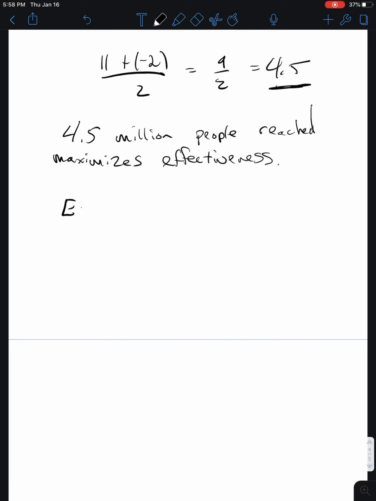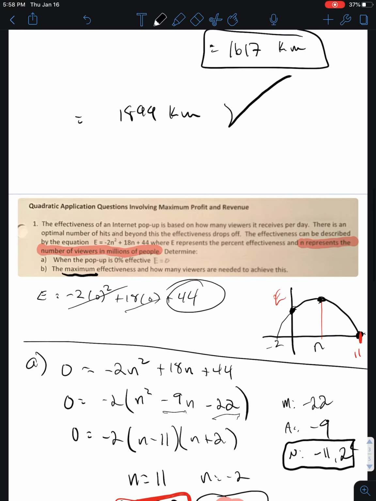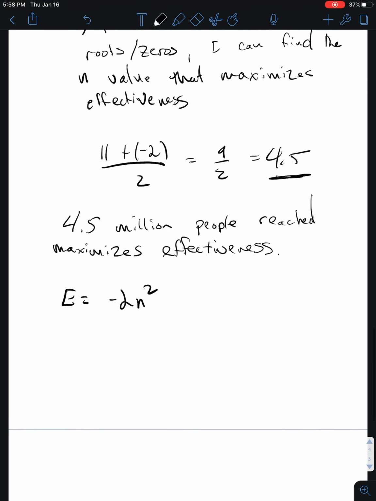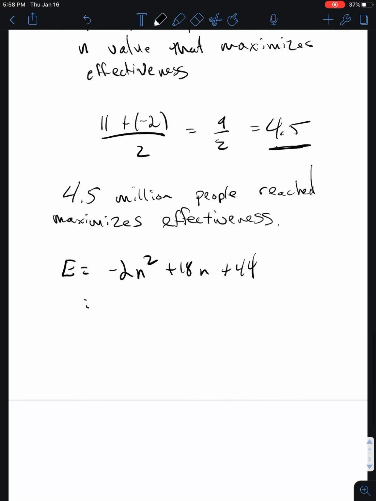So E is equal to negative 2n squared plus 18n plus 44, right? So then if I plug in the n value of 4.5.